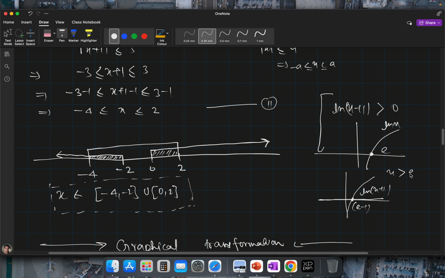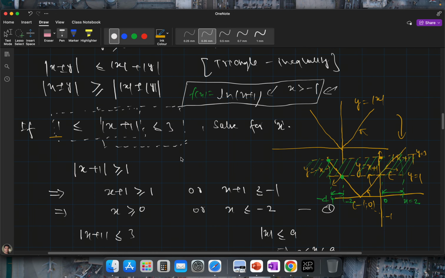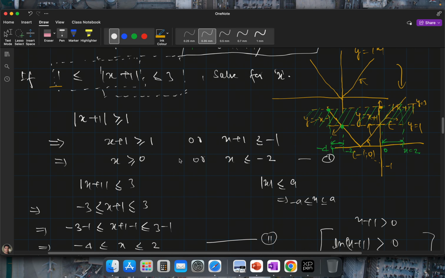It has always been taken care of. If you are solving any kind of equation or inequality graphically, that restriction will always be taken care of. But if you are solving that algebraically, then you have to take care of that domain. It's fine.